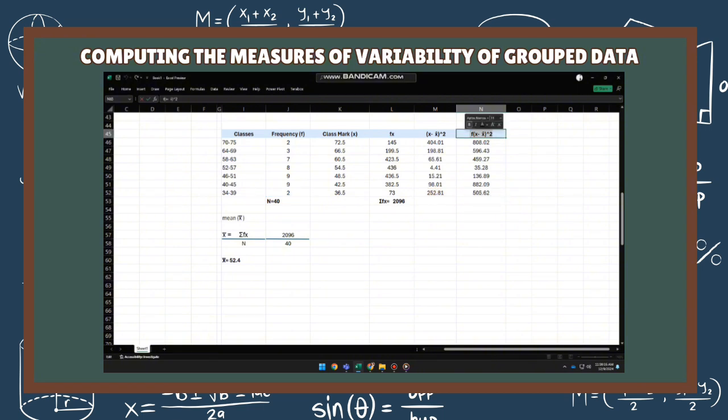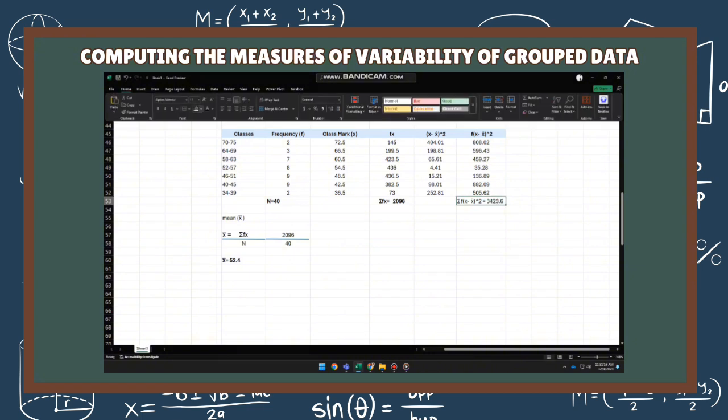So, ito-total natin to. The summation of f times x minus x bar squared. Ayan. Total natin to lahat. So, we have 3423.6.